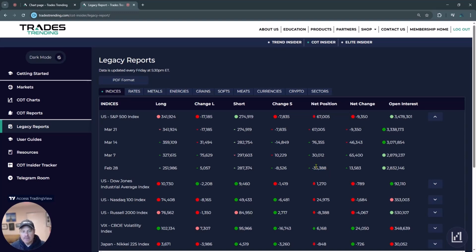Then in a 1 week period, they went from 35,000 contracts net short to 30,000 contracts net long. Then in another 1 week period, they basically more than doubled their position, going from 30,000 contracts net long to 76,000 contracts net long. This is all occurring on the heels of open interest climbing.